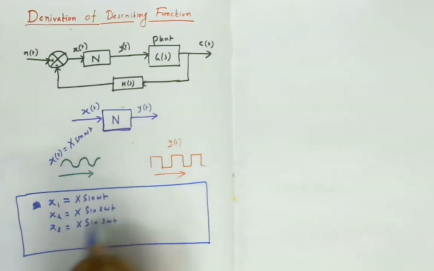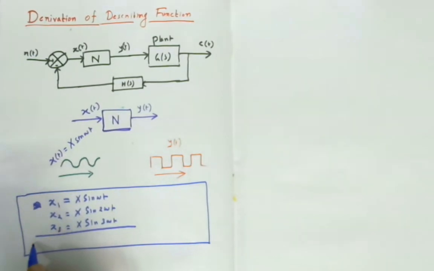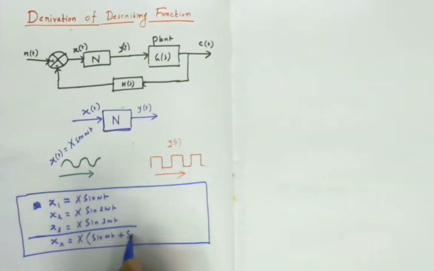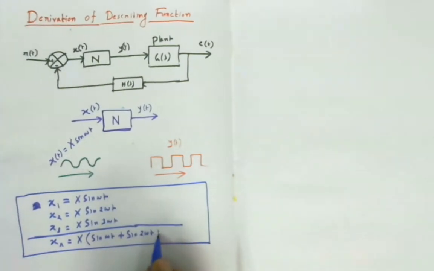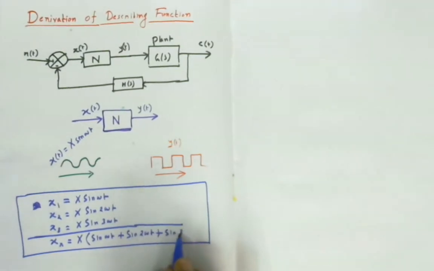What will happen if I add them all together? The resultant waveform xr equals capital X, the amplitude which is common, times sine omega t plus sine 2 omega t plus sine 3 omega t.